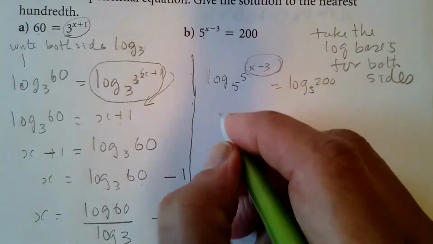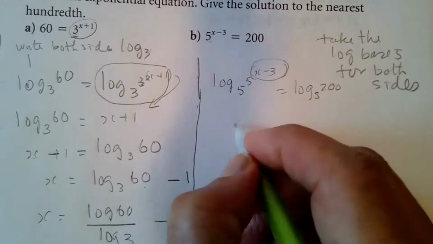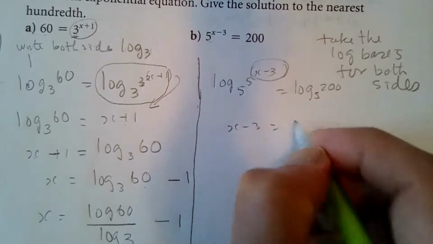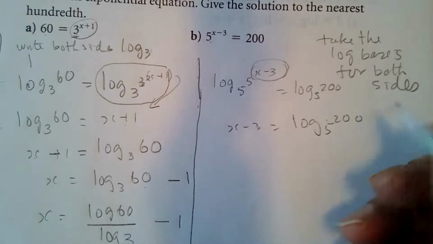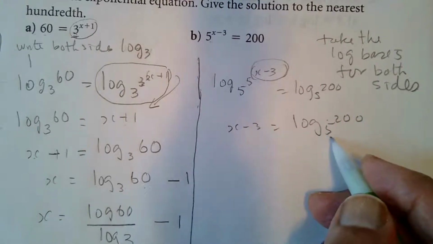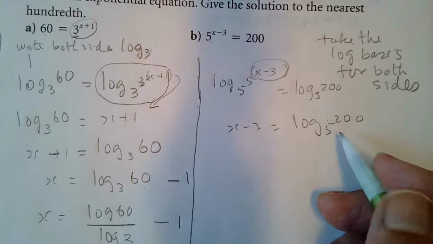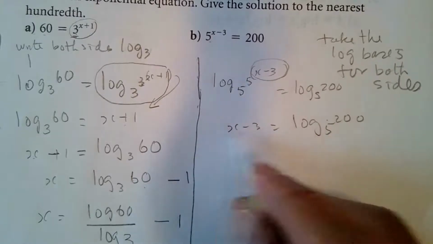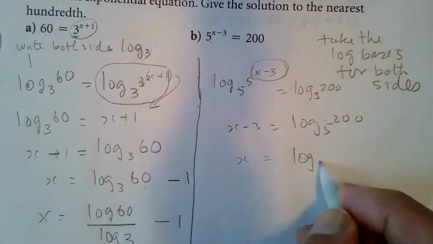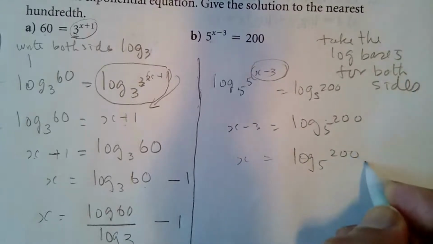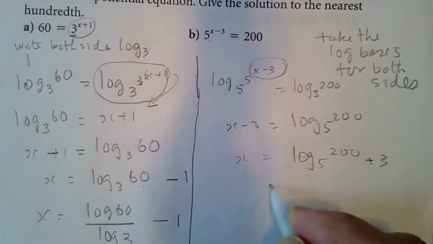This side now becomes x minus 3 equals, now here we're going to apply the change of base. But first we can simplify, so x is equal to log 5 of 200 plus 3.